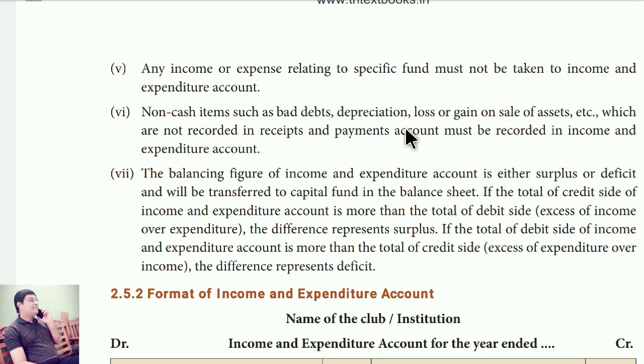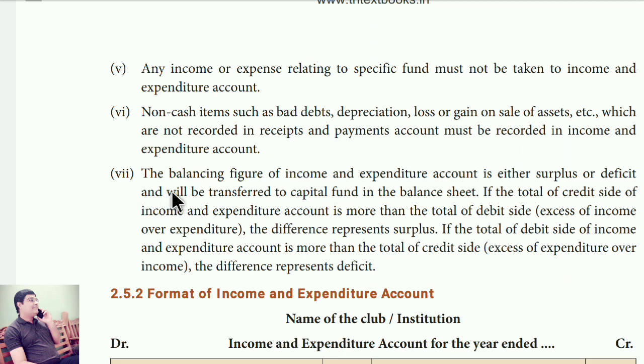Non-cash items such as bad debts, depreciation, loss or gain on sale of fixed assets, etc., which are not recorded in the receipts and payment account, must be recorded in the income and expenditure account, which is a very important point. These are all items that will not come under receipts and payment, but will be recorded in the income and expenditure account.